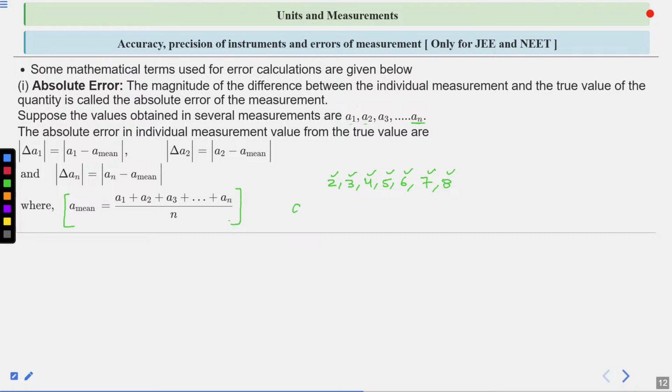So A mean is equal to what? Add all these terms: 2 plus 3 plus 4 plus 5 plus 6 plus 7 plus 8, divided by 7. So this gives the mean value of the given measurement data. Now it is clear?